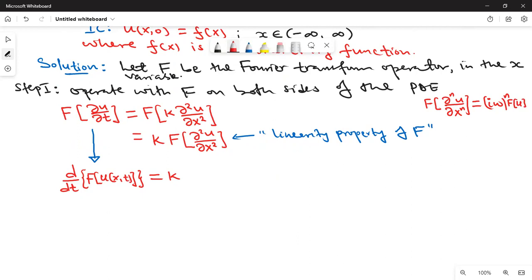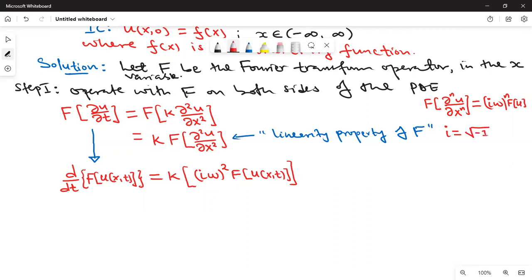So when you have the second derivative, we will now talk of iota times omega raised to 2, because our n is 2, times the Fourier transform of u of x, t. That's what you get. And remember, what you're calling iota is the square root of -1.